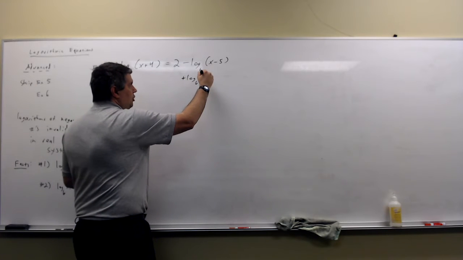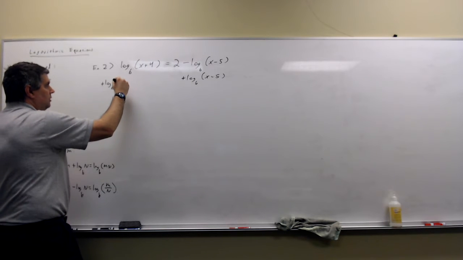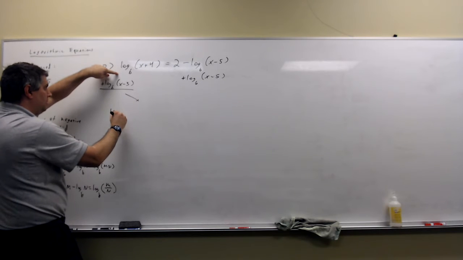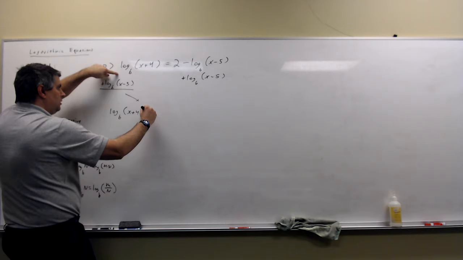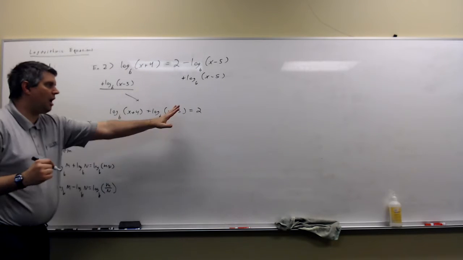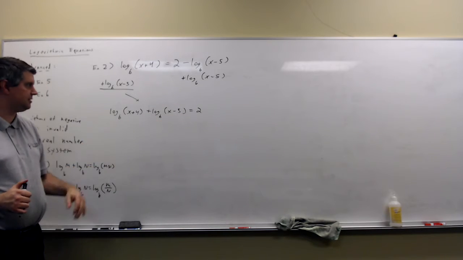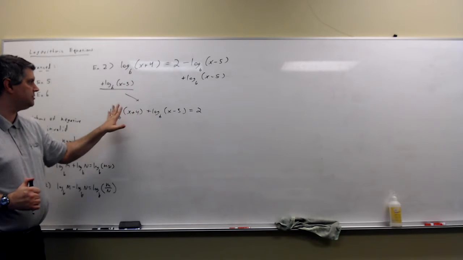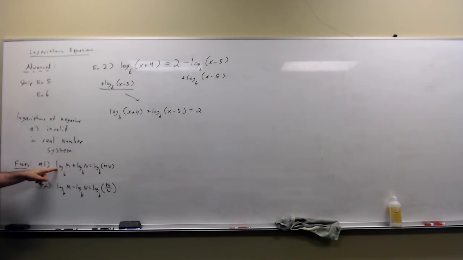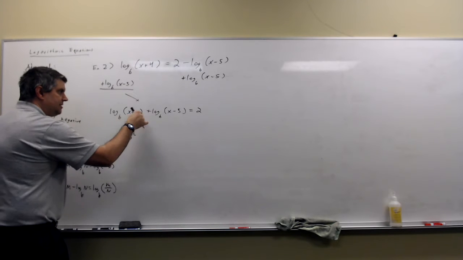So I'll go ahead and bring them to the left. So I'll go ahead and add to this logarithm. And many times you'll get an equation that starts looking like this. And this is right again for this property right here. So we'll have log base 6 of this times this.